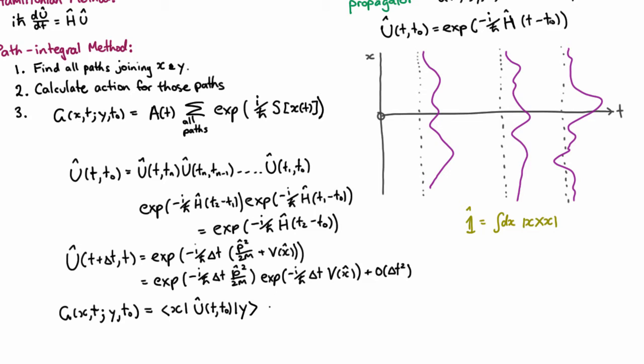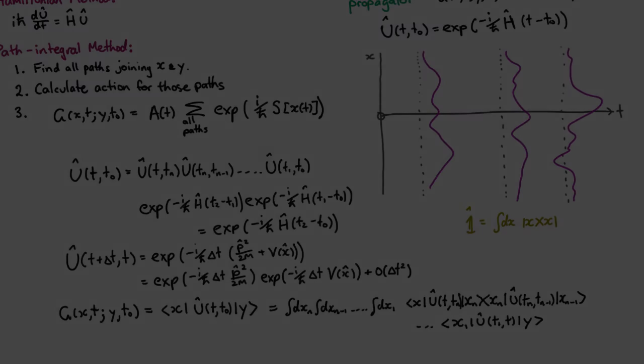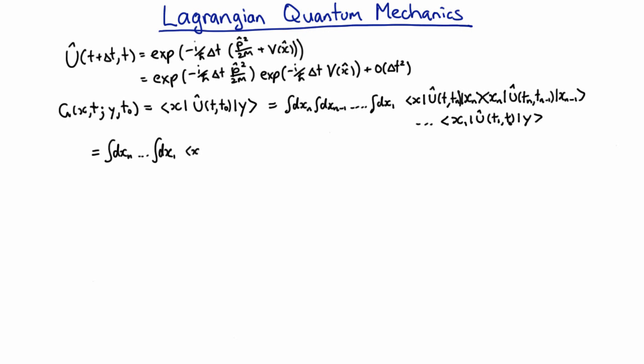That'll give us, we then substitute in our expression for U into each of these steps and take out all the order delta t squared terms, and we get, where delta tn is going to be t minus tn, and we go all the way down to delta t naught being t1 minus t naught.